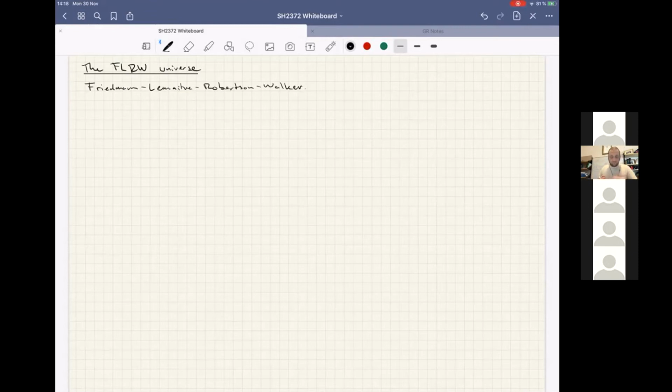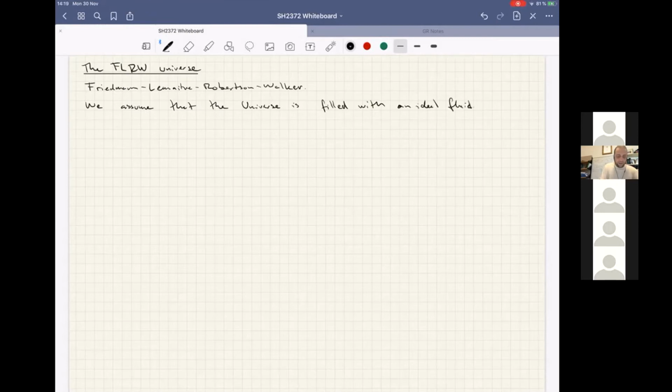So we need to make sure that this Robertson-Walker spacetime somehow satisfies Einstein's field equations. And the first question is, what are we going to put into this universe? What kind of matter or other stuff are we going to put in? And what we're going to assume is the following. We assume that the universe is filled with an ideal fluid.